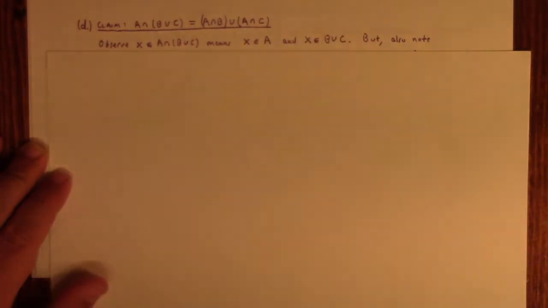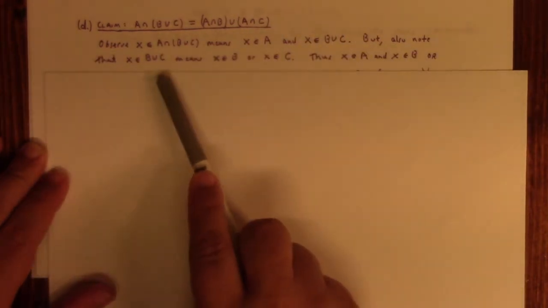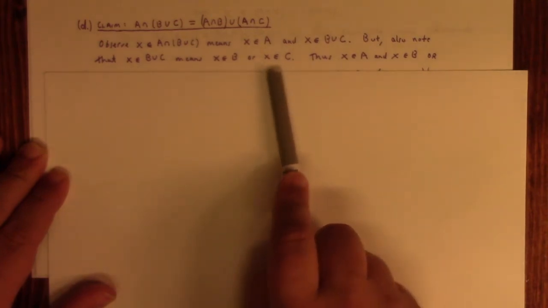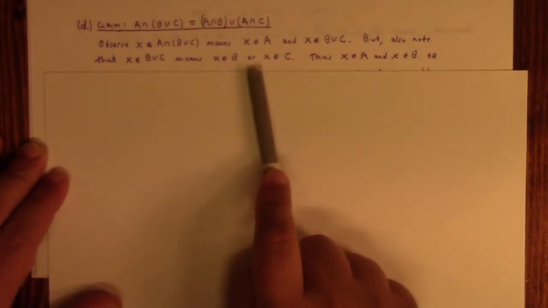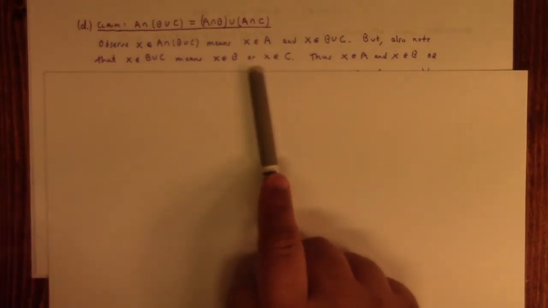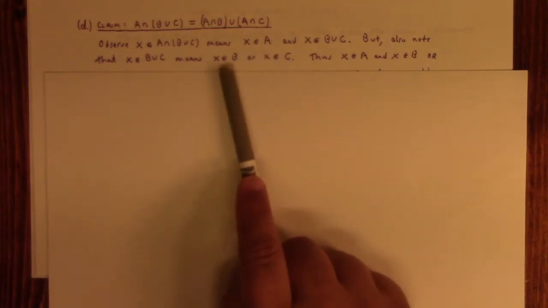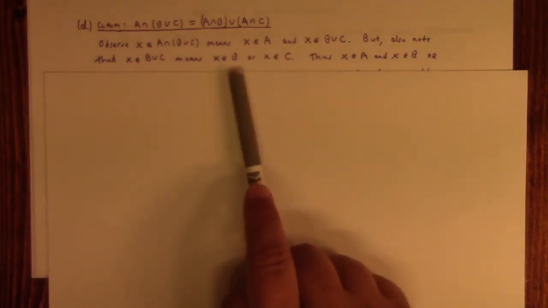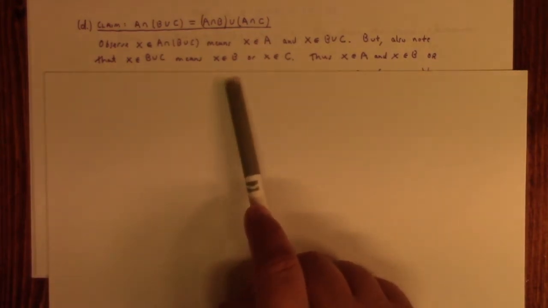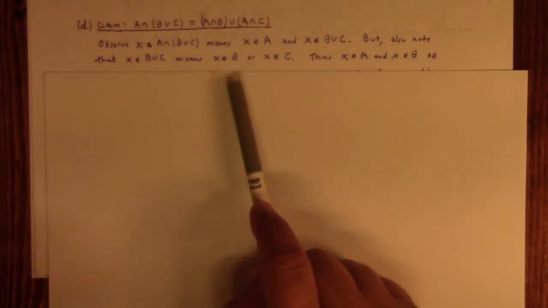Well, X is in B union C, so that means that X is in B or X is in C. Keep in mind, this is mathematical or, so that's not like an either-or. It means the mathematical or is true when X is in B, in C, but X could also be in both, logically speaking. It's the mathematical or, not the either-or we sometimes use in English.